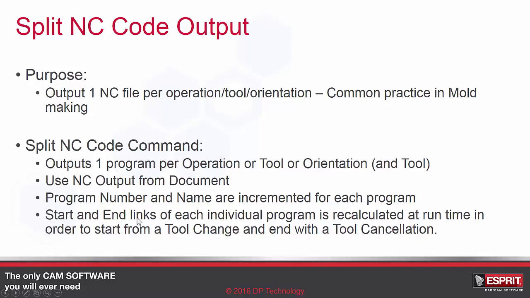In addition, the start and end links of each individual program are recalculated at runtime in order to make sure that they are starting and ending with the tool change. So you may notice that the links in the program could be different from the ones within the output NC code, due to the fact that at runtime, those links are optimized per operation.